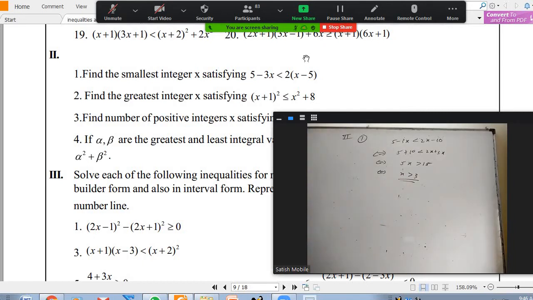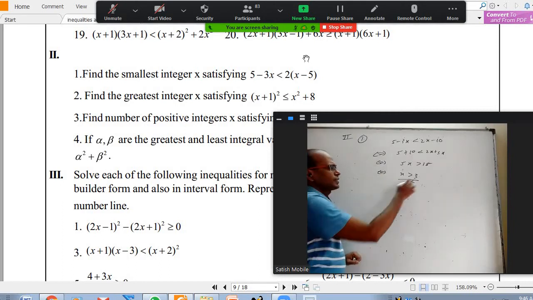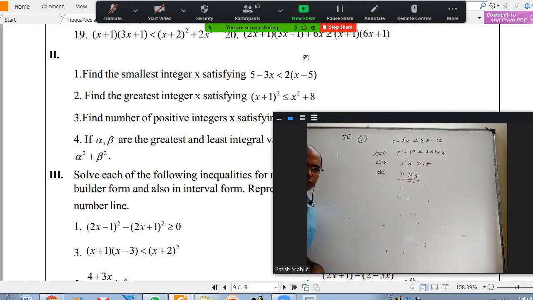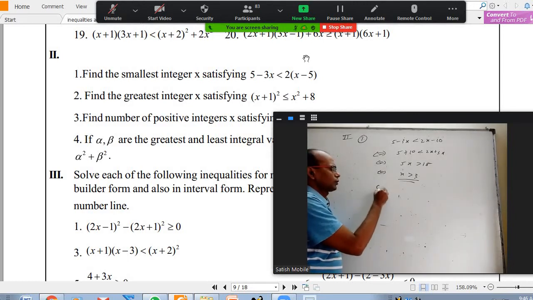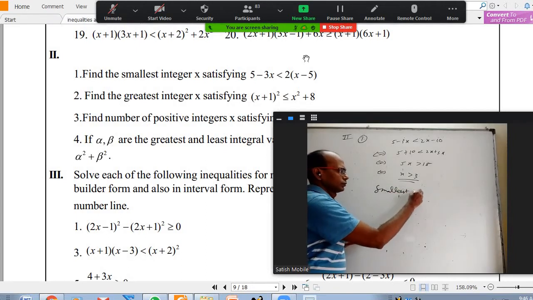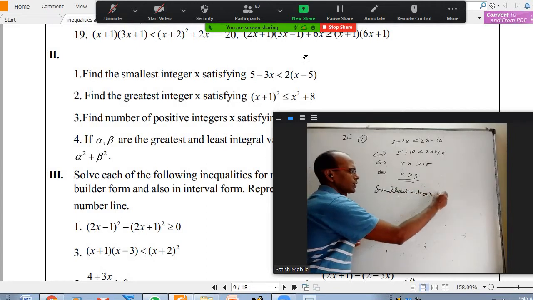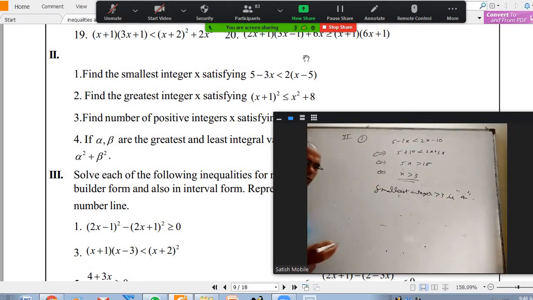So x greater than 3 means normally open interval 3 to infinity, but integers satisfying this are 4, 5, 6, and so on. In that, the smallest integer is 4, right? So the smallest integer greater than 3 is 4. That's a simple question, nothing complicated.